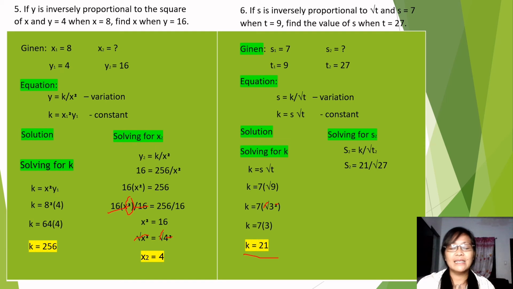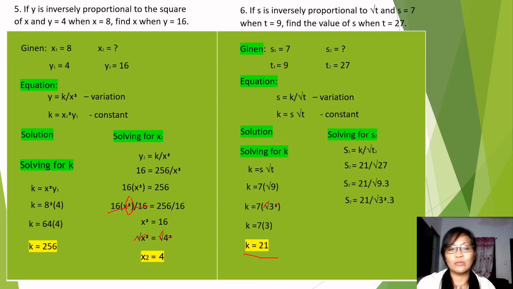Then find the factor of square root of 27, wherein one of the factors is a perfect square. So we have s sub 2 is equal to 21 all over square root of 9 times 3. And then write 9 in exponential form.